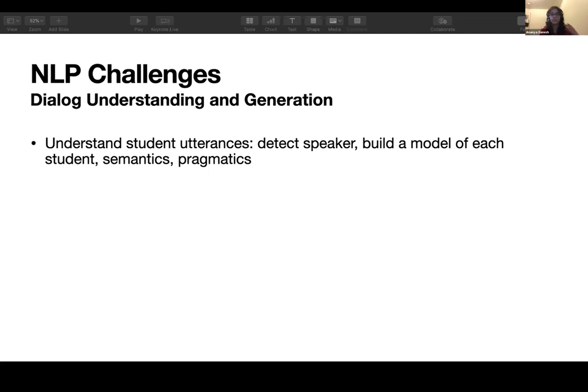Is this somebody who tends to speak a lot, or is this someone we need to encourage to speak more? There's semantics and pragmatics. Semantics would be sentence level meaning understanding that goes beyond just knowing what a word means. Pragmatics would be understanding implications behind something a student says, like are they being sarcastic, etc.